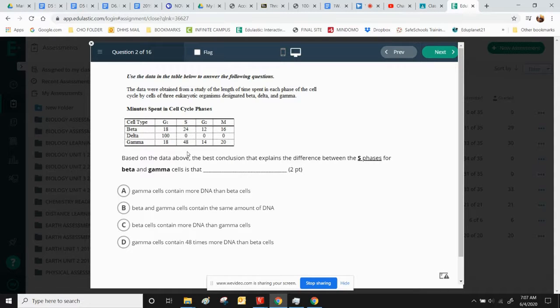Just to help you along with the first question, this one is basically asking you, and I'll use a really good analogy here: you're a teacher and I'm a teacher, and we're both going into the copy room. I'm in there for 24 minutes, and you're in there for 48 minutes. What would be the logical reason why you spent more or less time than I did in the copy room? That's really what this question is asking.